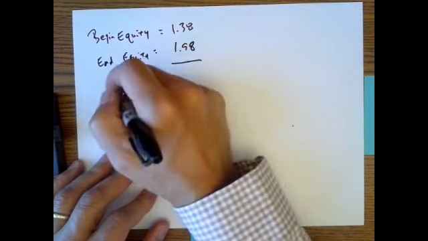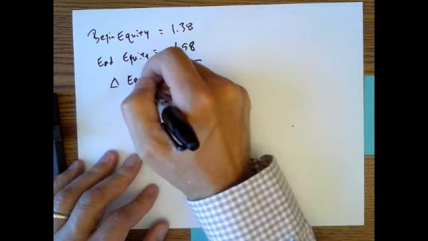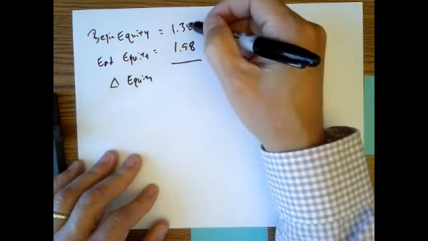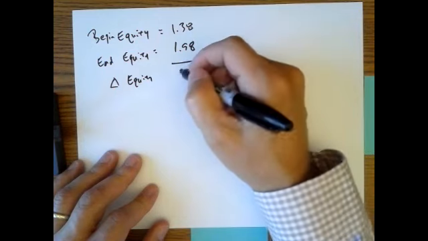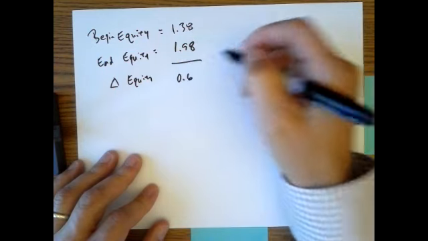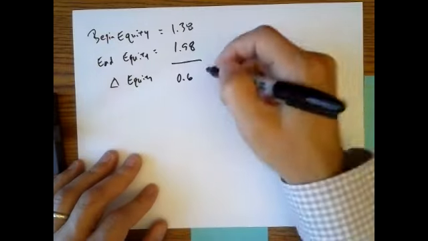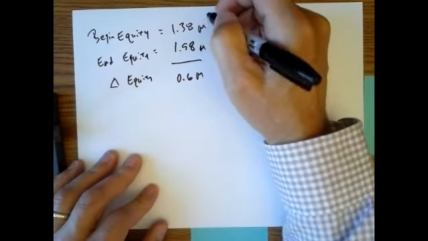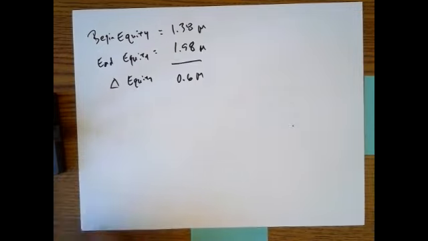We have a change in equity of 1.98 minus 1.38, or 0.6 million, right? So we have to ask, where did this 0.6 million in equity come from over the course of the year?